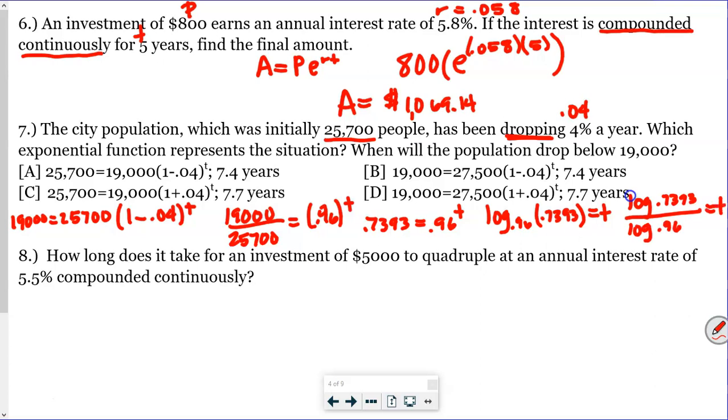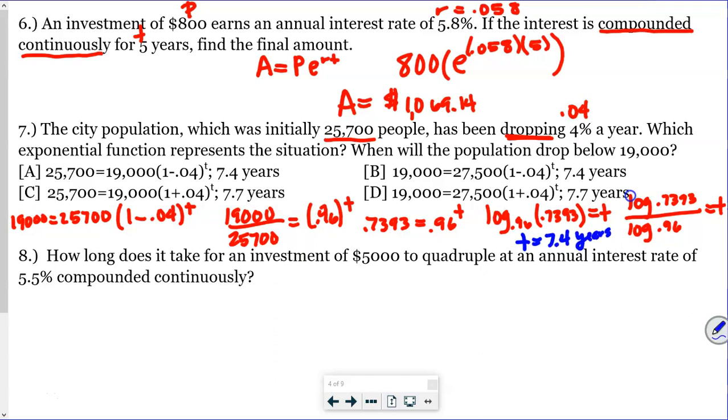That's what t is going to be equal to. You go ahead and do that in your calculator, and when I do that, it is 7.4 years. So t is equal to 7.4 years.